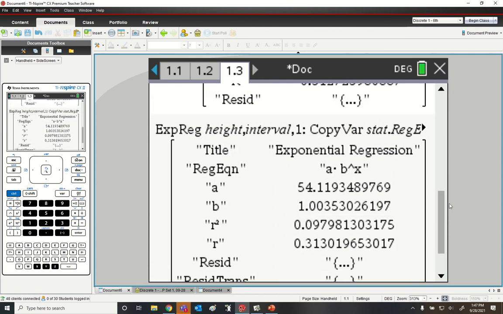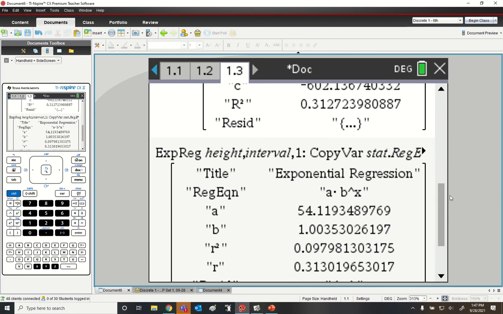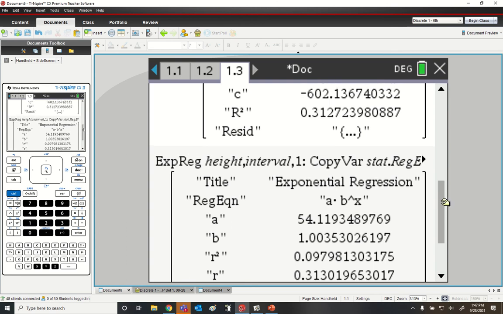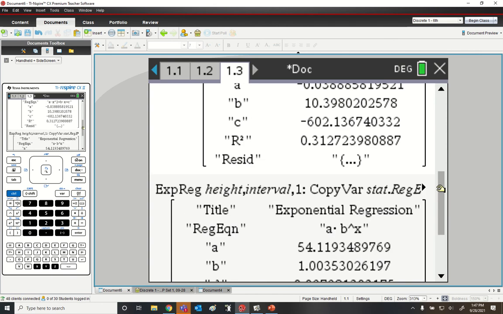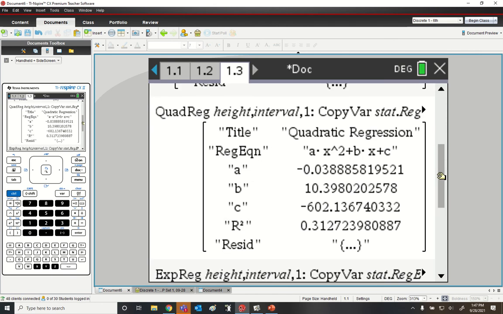We're comparing r's, so this r squared is better than this r squared. So when we're comparing the r squareds, we have to look at these. So this r squared is going to be best, so we're going to use the quadratic regression. I'm sorry, quadratic regression.